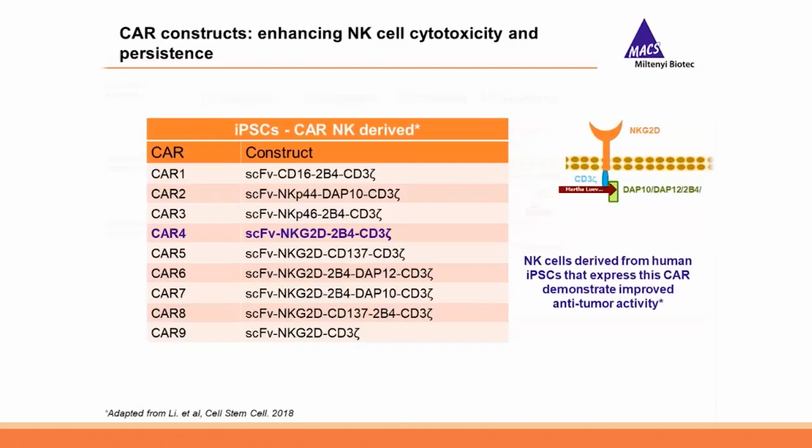In this study, they show the different combinations of CARs, and they studied how well they acted. In this case, they found that CAR4, using 2B4 and NKG2D, is the best combination, and they demonstrated better anti-tumor activity.